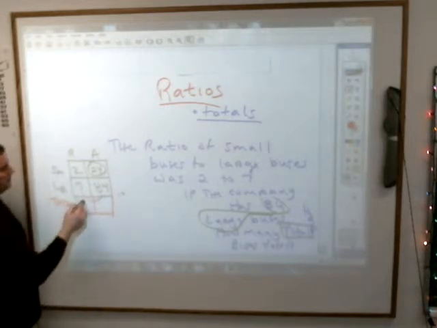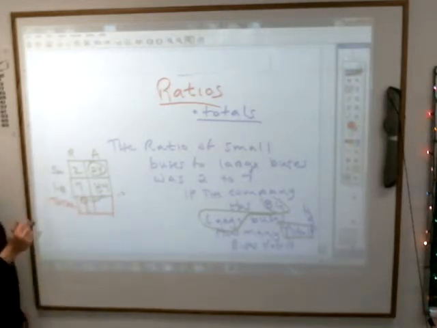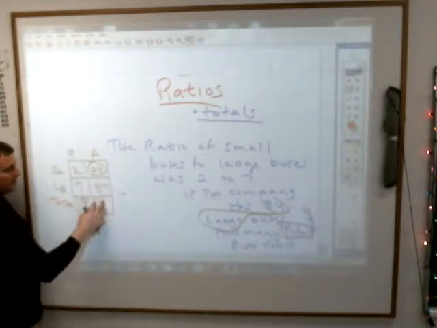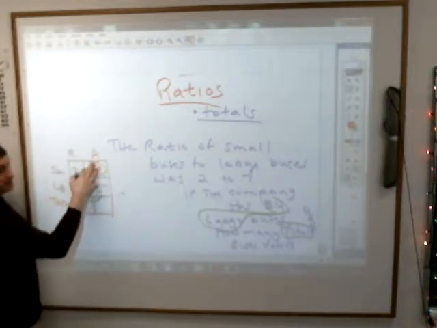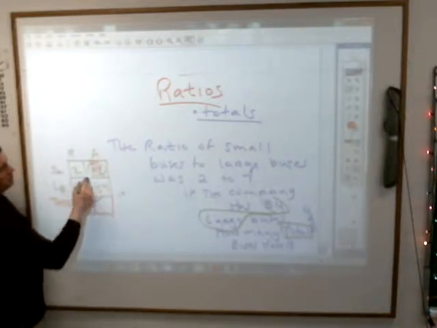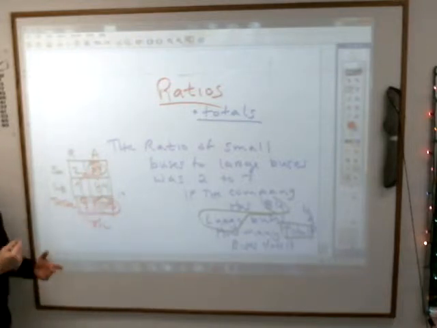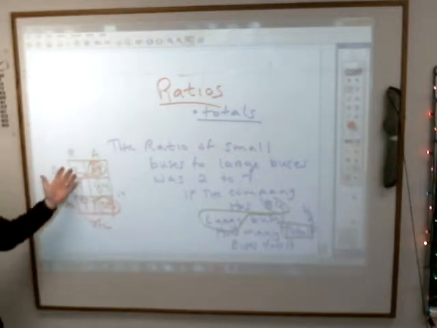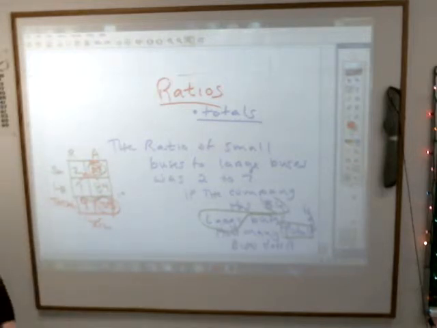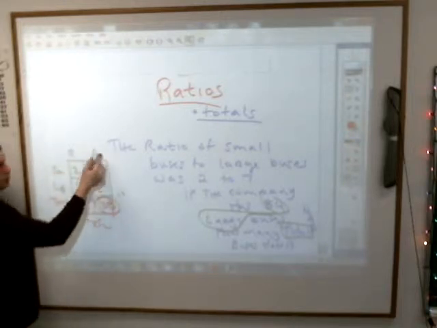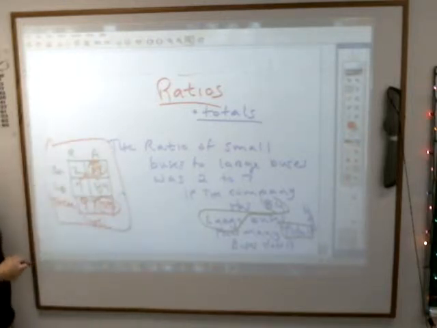So now here is my total ratio, and I can use that instead of doing the small one and then having to add. 7 times 12 is still 84, but 9 times 12 is 108, and that would be my total buses, the same thing I get if I add those. But not always is this going to be the easiest way. So if you see the word total in there, you're going to have to add a third row in your ratio box.